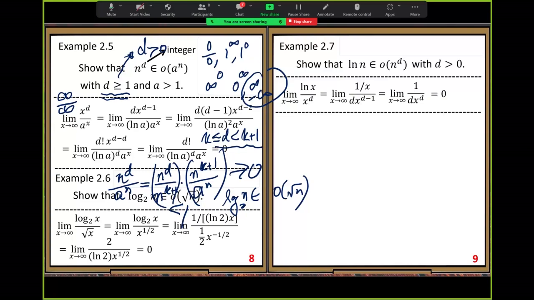This result we may need to use many times later. So this is an important result.